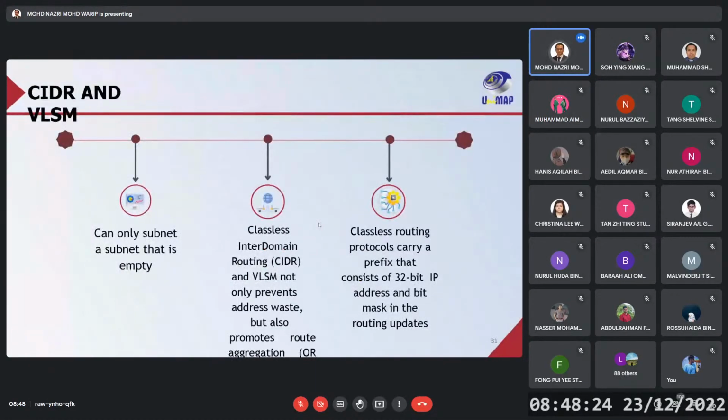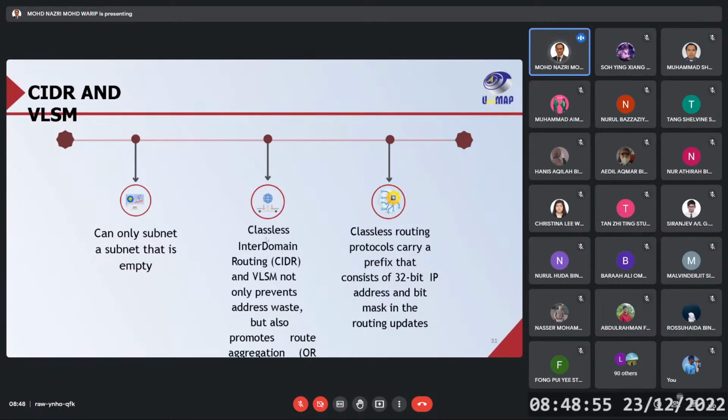Right. Next, CIDR and VLSM. So what are the similarities and differences? They can only subnet a subnet that is empty. These are the features. These two processes can only be used for a subnet that is empty. CIDR and VLSM not only prevent address waste, but also promote route aggregation.